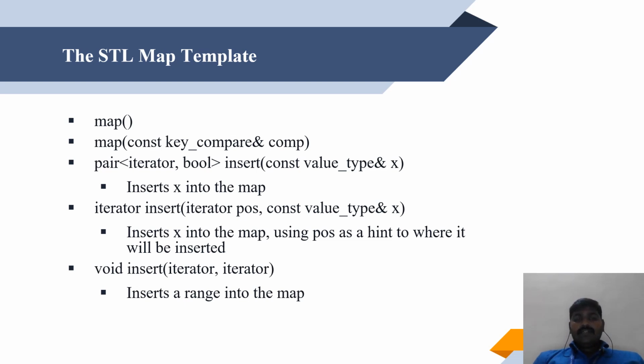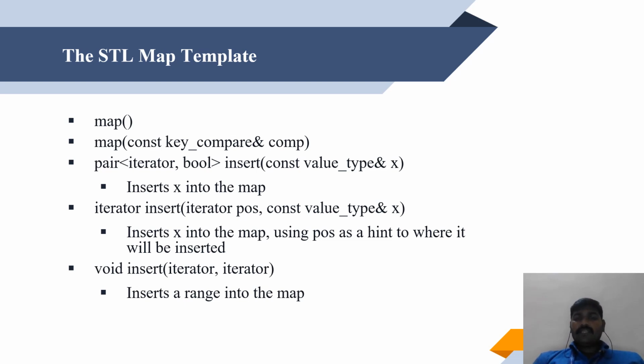Then we get into the pair, which is a keyword. The pair iterator denotes the location; the iterator is used for mentioning the location where we need to place it. Iterator and bool. Say, for example, you want to insert: give the value of constant type, and along with that you are supposed to mention the object.